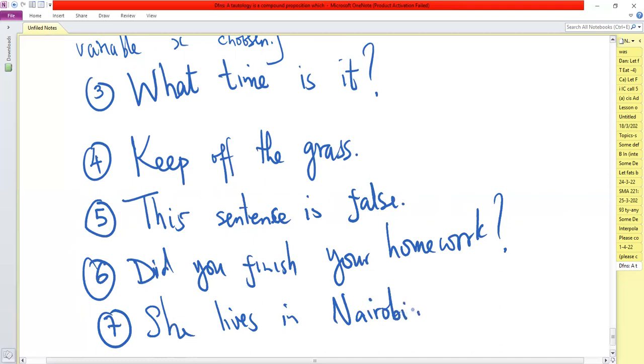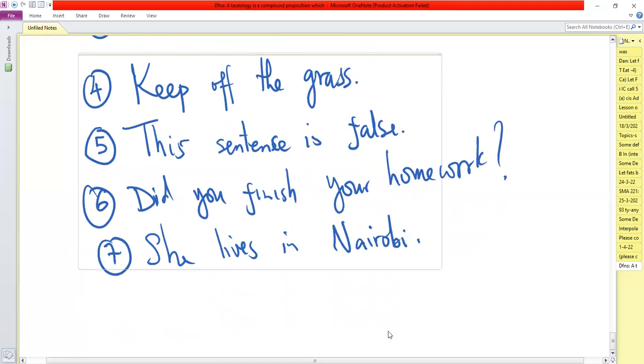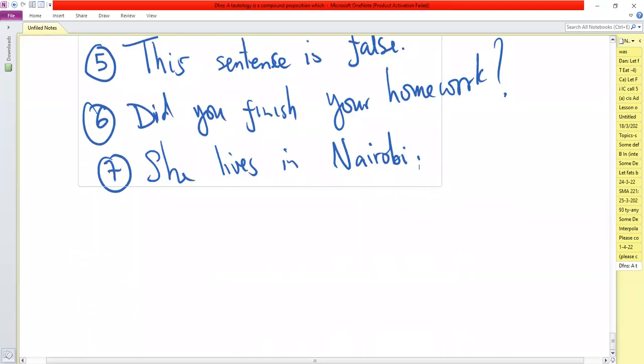Now, she lives in Nairobi is not a statement because she can be anyone. So maybe just put in brackets why this one is not a statement. So this may be true or false.